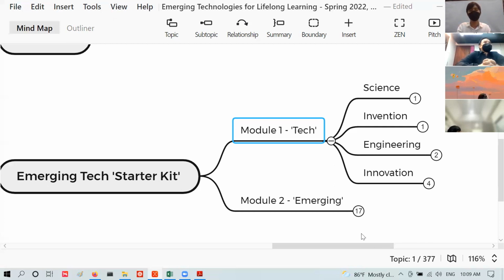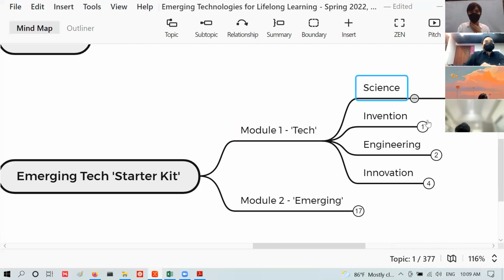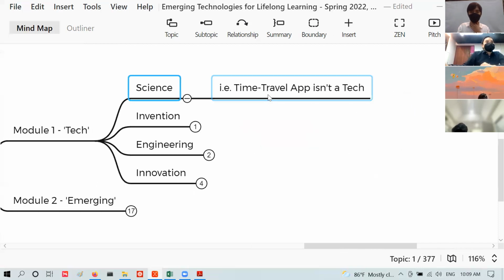If you write in your application essay, I want to invent a time traveling app, that can never be a technology, because the body of science right now doesn't allow time travel. So, for example, a time travel app is not a tech. It's not doable.